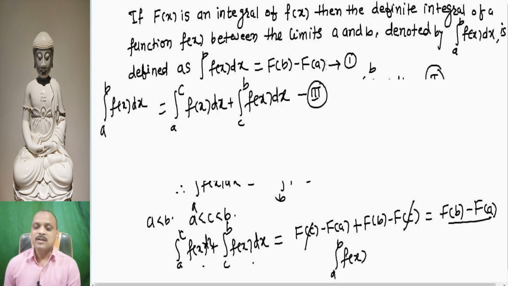For example, we have the points a, c1, c2, c3, ..., cn, b such that a is less than c1, c1 is less than c2, c2 is less than c3, ..., cn is less than b.